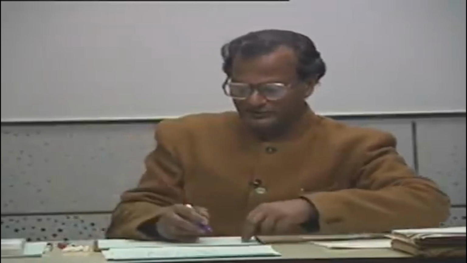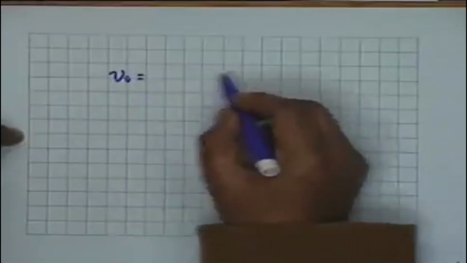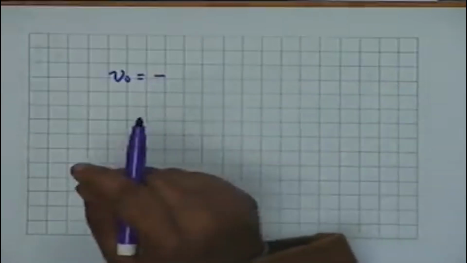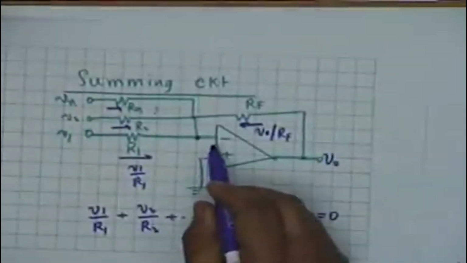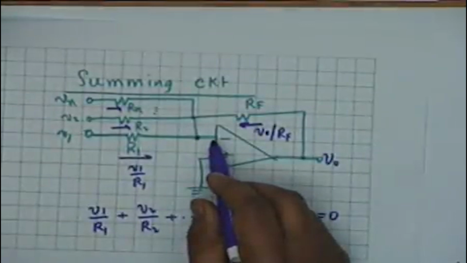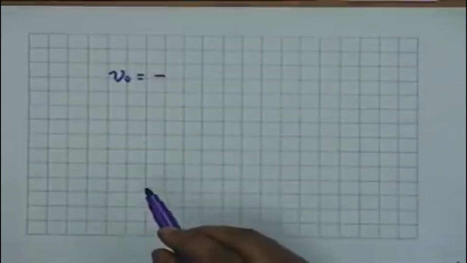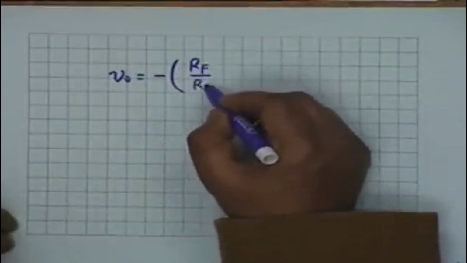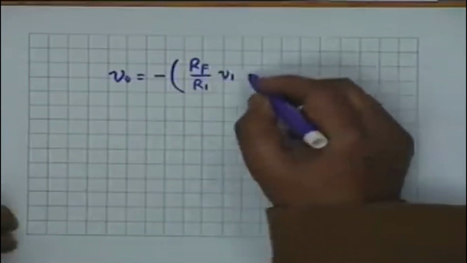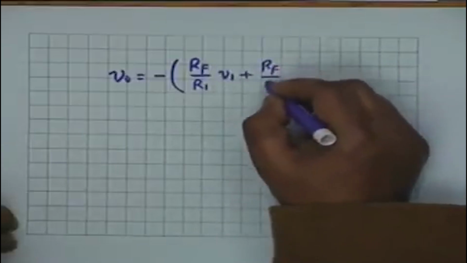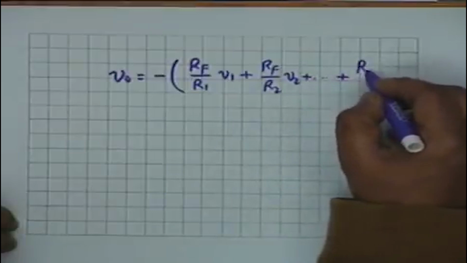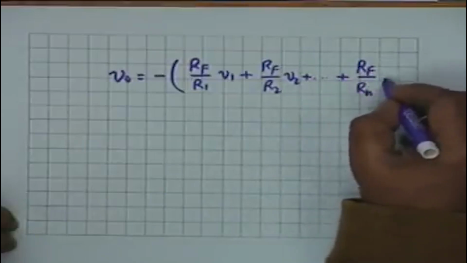Simple algebra shows that the output voltage V0 is equal to minus, there is a negative sign. Why is the negative sign? That is expected because you are applying to the inverting terminal. Then you have Rf divided by R1 times V1 plus Rf divided by R2 times V2 and so on up to Rf divided by Rn times Vn.